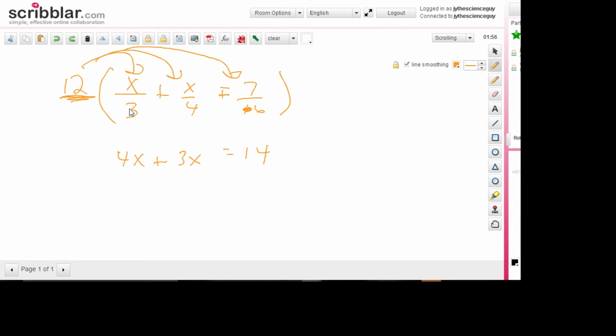Let's do each one of these separately. Okay? What is 12 divided by 3? Because you said multiply. Right. So 12 divided by 3 is 4, and then we multiply the top times x. What's 4 times x? 4x. That's where that one came from.